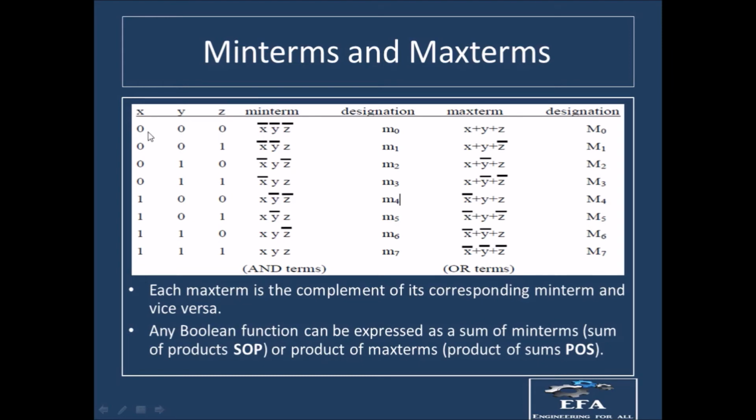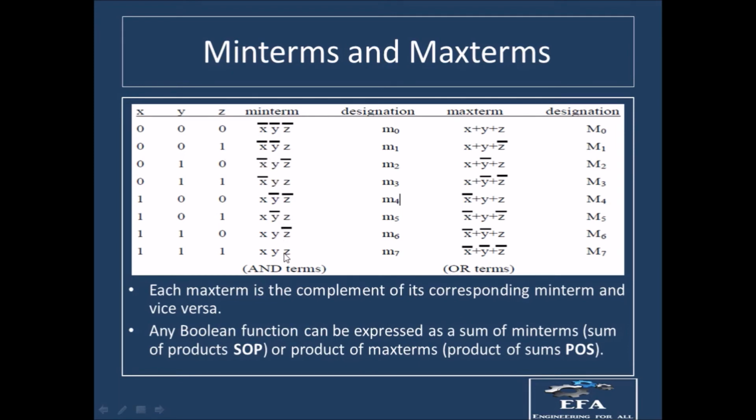So we are having 0 0 and 0 over here, so this min term will be expressed as x bar, y bar and z bar. And when we are having 0 0 1, it will be x bar, y bar and z. Z is not having any complement over it because z is equal to 1. In this way we can have all these min terms which are the part of the SOP type of the expression.